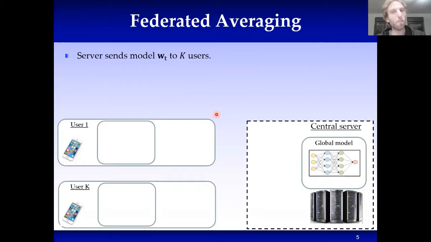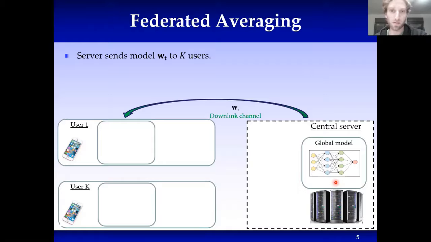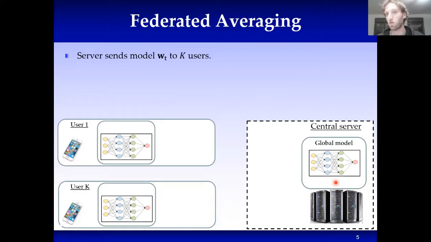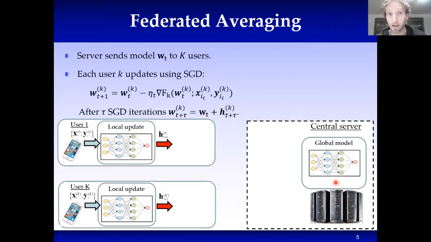Federated learning is usually based on what's called the federated averaging algorithm. The federated averaging algorithm means that we have a server that contains a parameterized neural network, and on each iteration, it sends its network parameters to a set of users. Now, the users have their own training samples, and they can train the network using tau SGD iterations on their side.